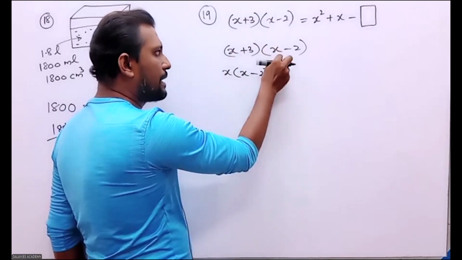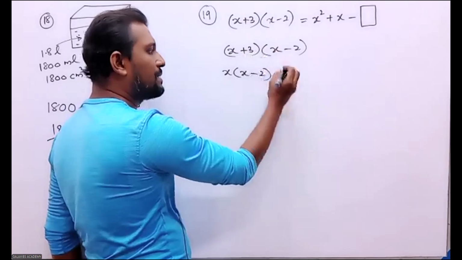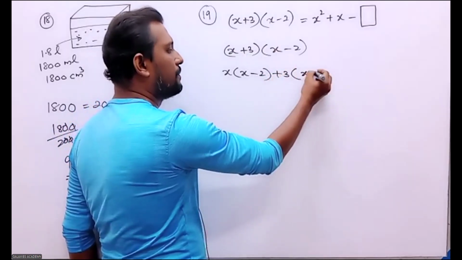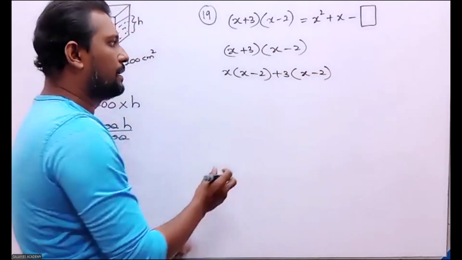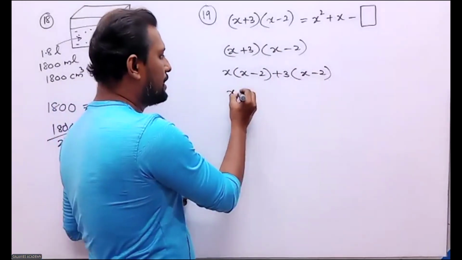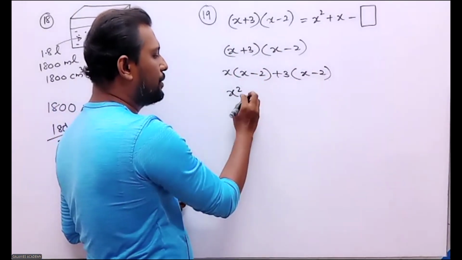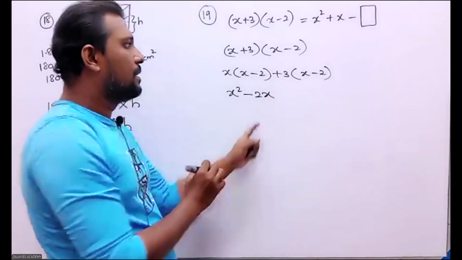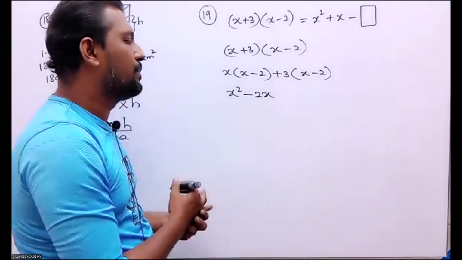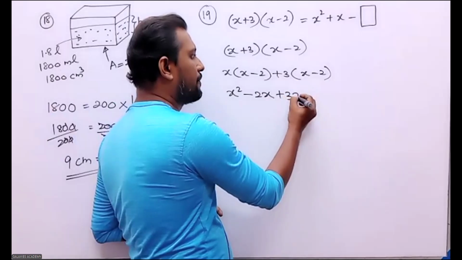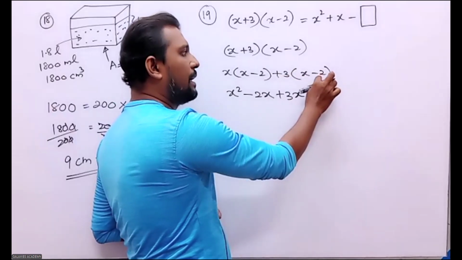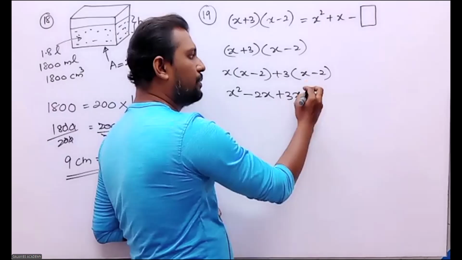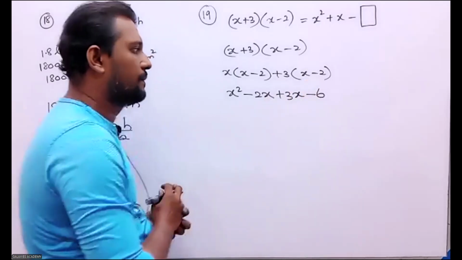Then also the second bracket you have to multiply by plus 3. Then you can remove the bracket. x multiply x, x squared, plus x multiply negative 2, minus 2x, positive 3 multiply positive x, positive 3x, positive 3 multiply negative 2, negative 6.